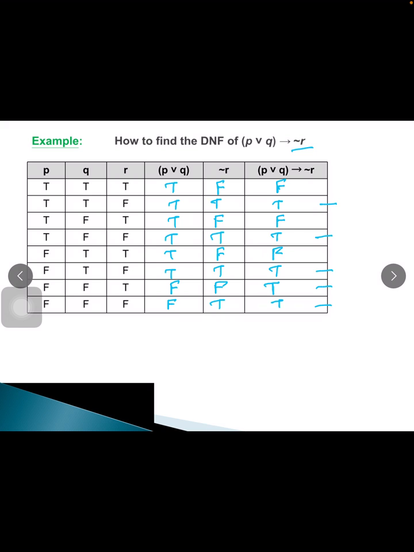So what will be the min terms here? In this row we have P, Q, R as true, true, false.